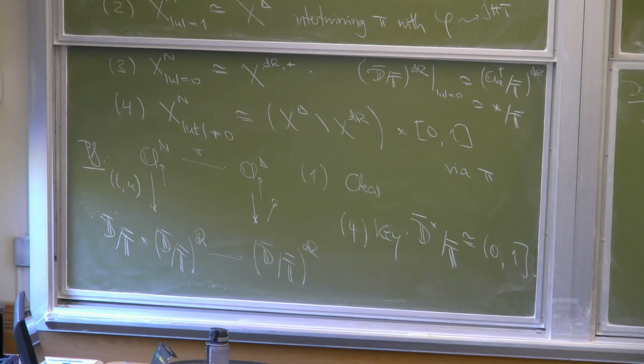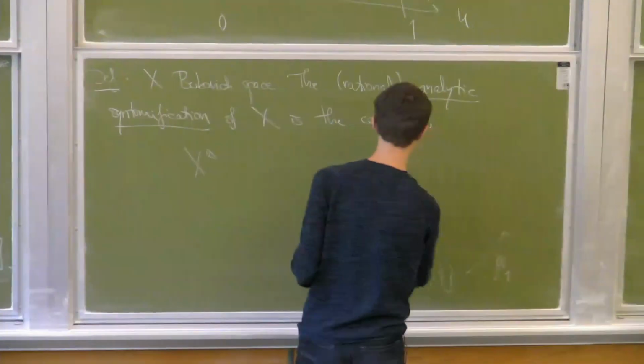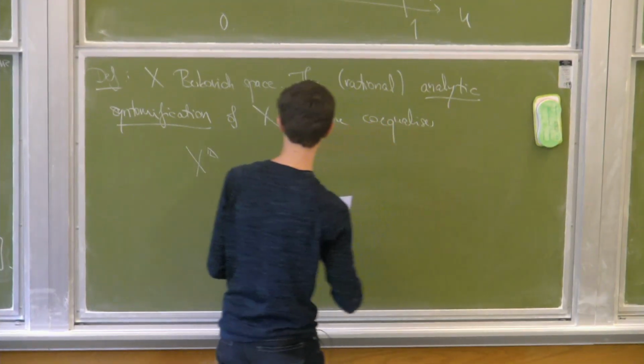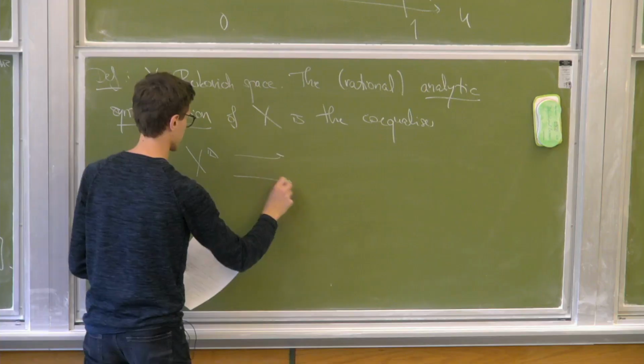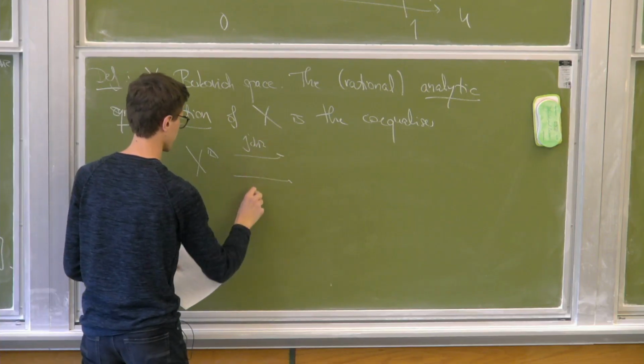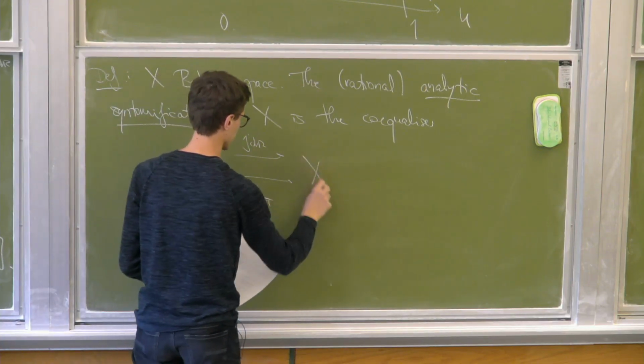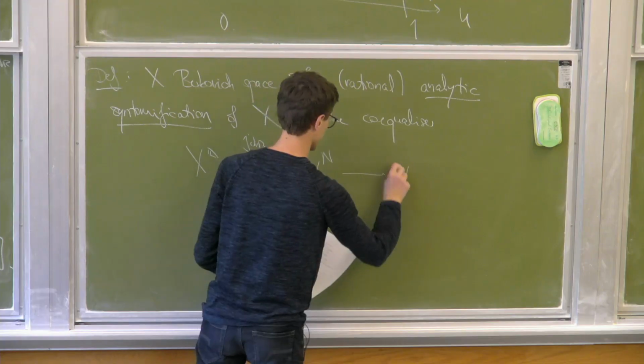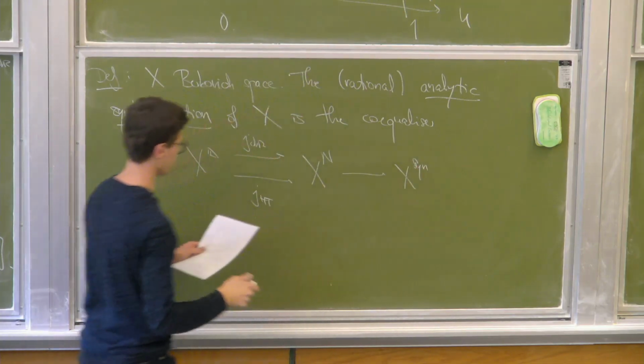All right, so we have these two maps, j_HT and j_dR, and I take the co-equalizer.